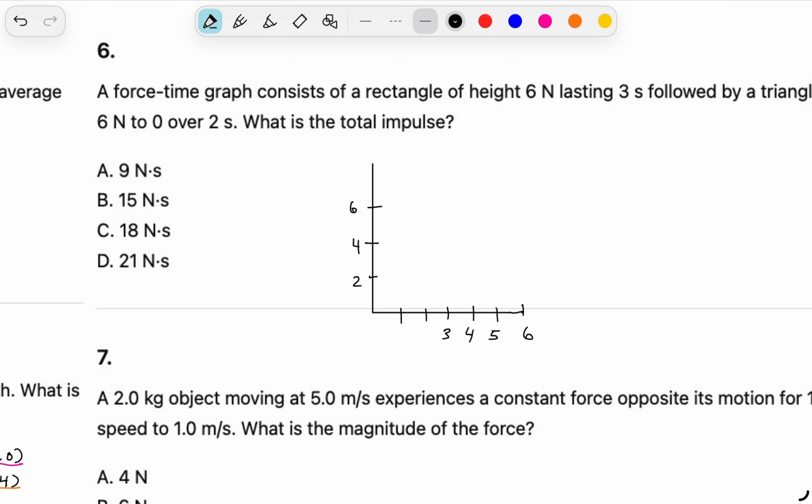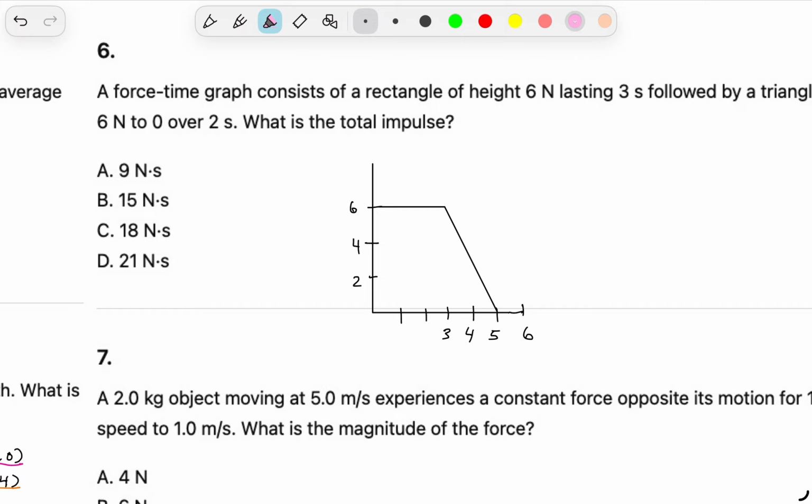What's the total impulse? So we want to find what the impulse is.